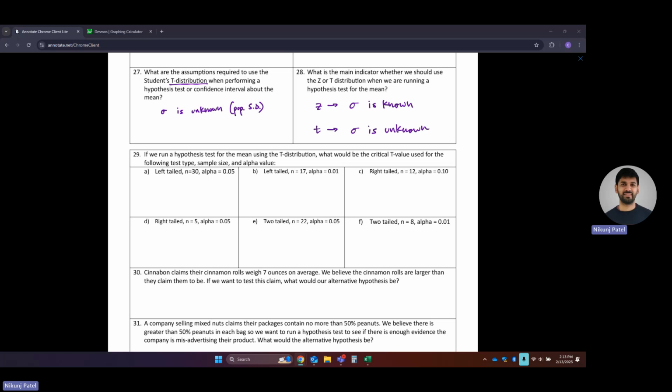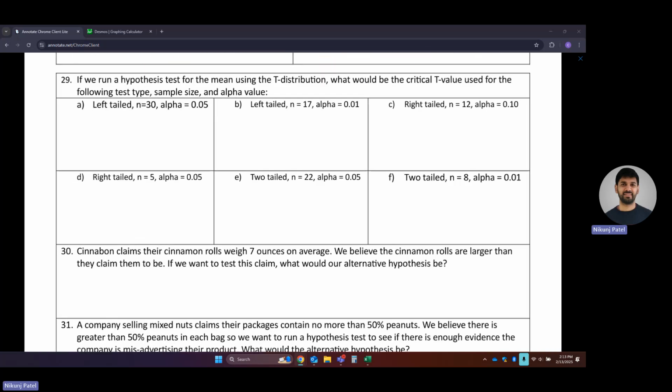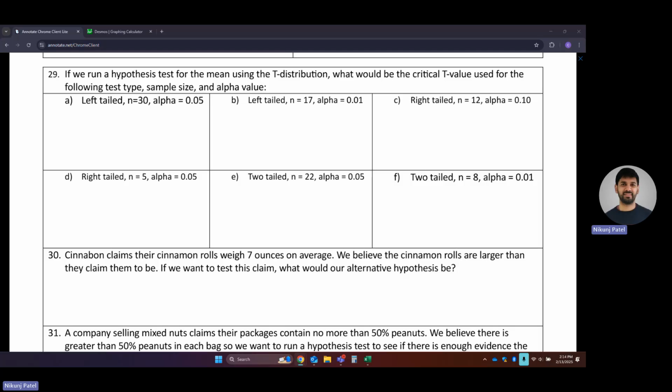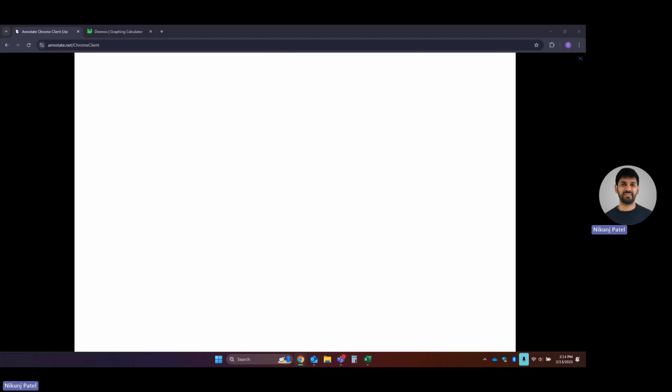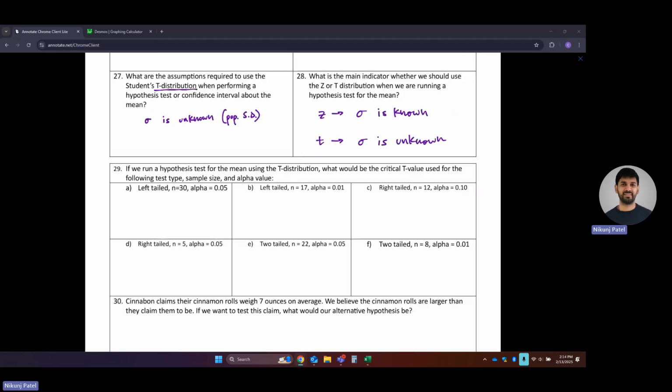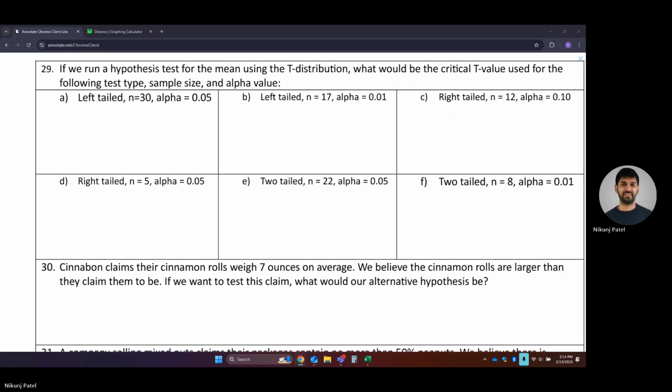Okay, let's look at number 29 now. Number 29 says, if we run a hypothesis test, what would be the critical t-value for the following types of tests and sample sizes? So these questions also go back to using this formula chart right here. I'm going to work out a couple of examples for this section.